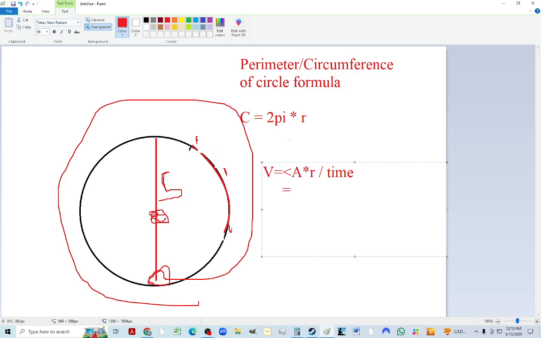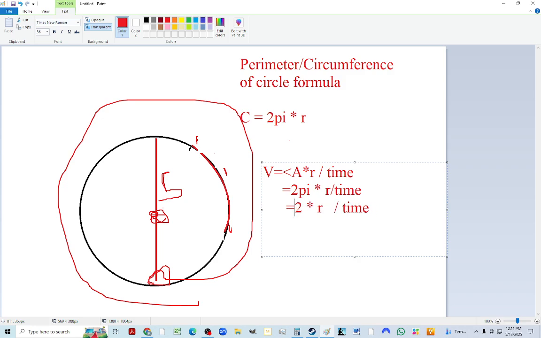Well, remember when we went around the full circle, it was 2 pi times the 5. It doesn't really matter what the radius is, so let's just keep it as that. And when I go around 90 degrees, it's pi over 2 times the radius. That's then divided by time. So essentially I'm always taking whatever my angle is in radians and multiplying it by the radius, then dividing by time. So it all depends what I do.